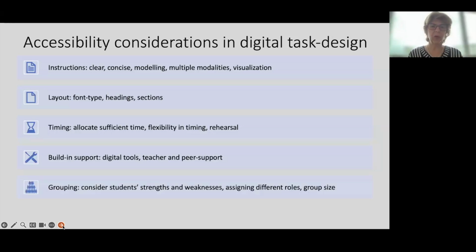When students work collaboratively in a digital environment, you often put them in groups. Here you might want to consider the students' strengths and weaknesses.